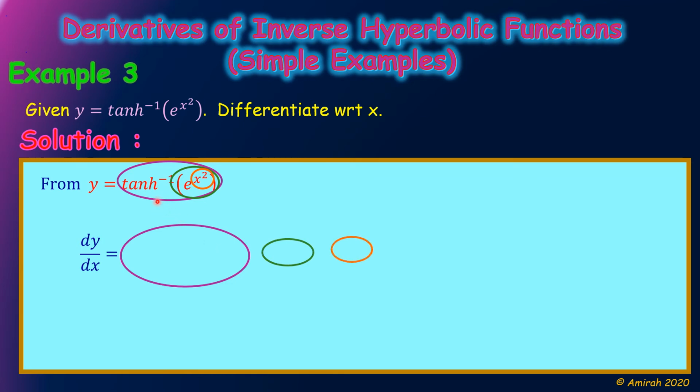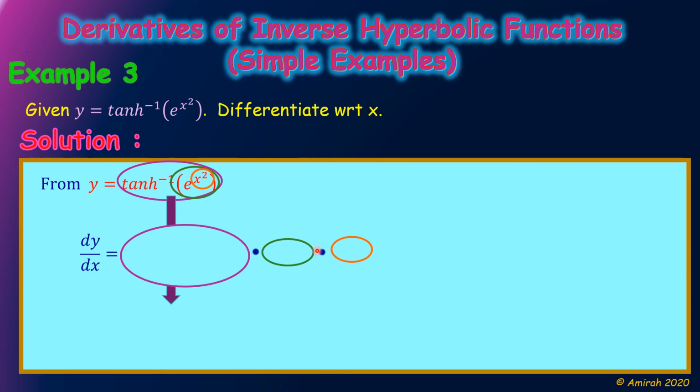The outer circle we attach with the first circle in the second row, the second circle we attach to the second circle in the second row, and the inner circle we attach with the third circle in the second row. And in between, a multiplication operation.